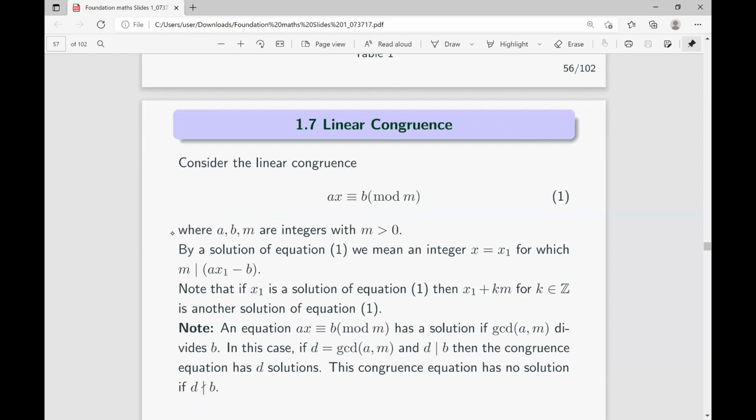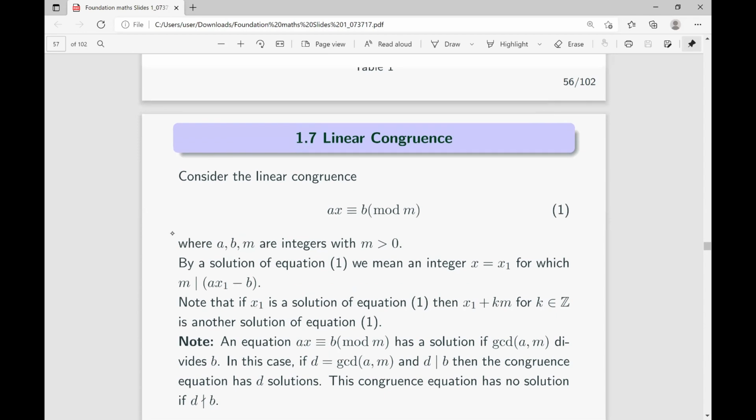By a solution, we mean an integer, let me say X1, which is the value of X. When you're asked to solve this, the person wants you to find X. So supposing you find X to be X1.